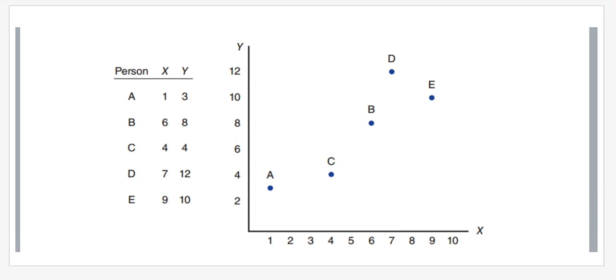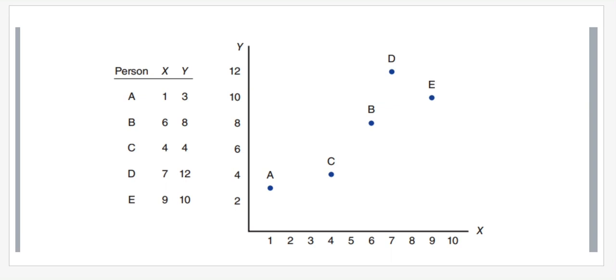And so you can see for person A, if you look at the list on the left, they scored a 1 and a 3, a 1 on variable X and a 3 on variable Y. So if we go along the x-axis to 1, and then we go up the y-axis to 3, because they scored a 3 on the Y variable, there's their data point, point A. That's person A's data point.